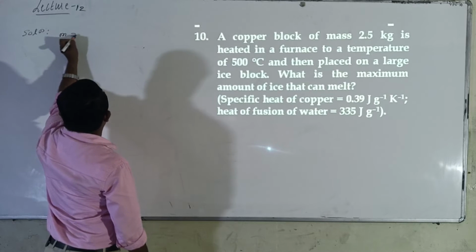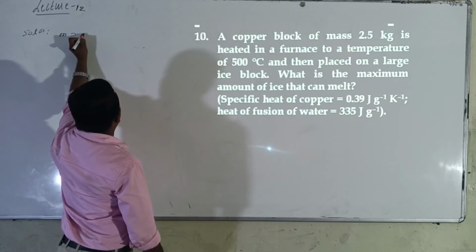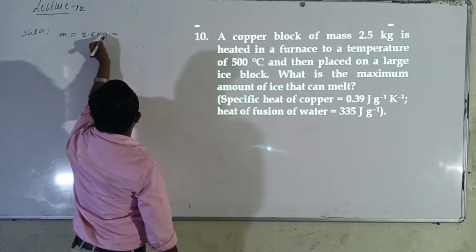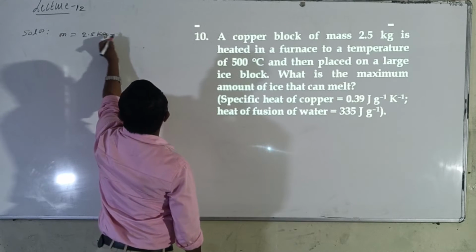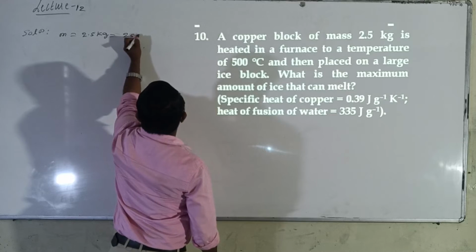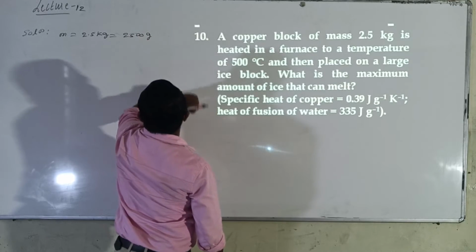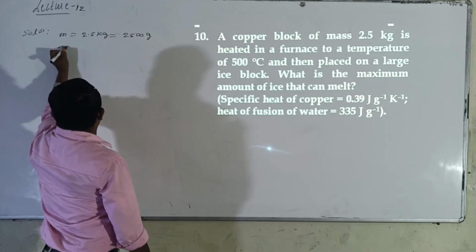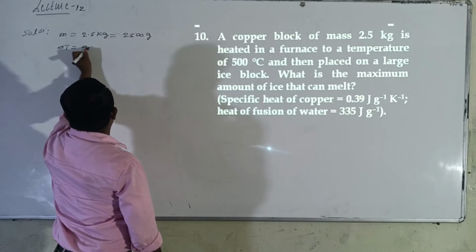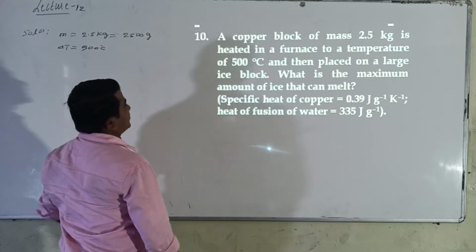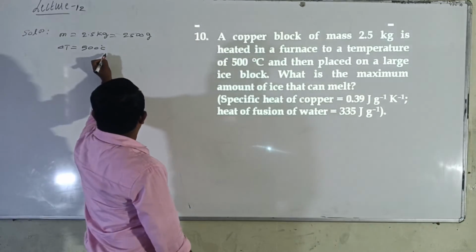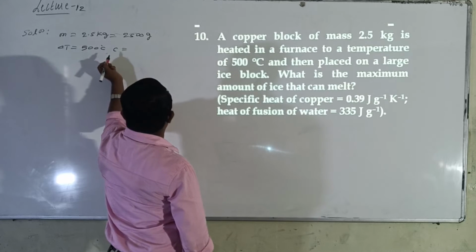Mass is given. How much mass is given? 2.5 kg, or convert this into gram. Multiply by 1000. 2500 gram. Right? Temperature rises by what amount? Delta T. It is 500 degrees Celsius. What are the given values? Specific heat capacity is given.